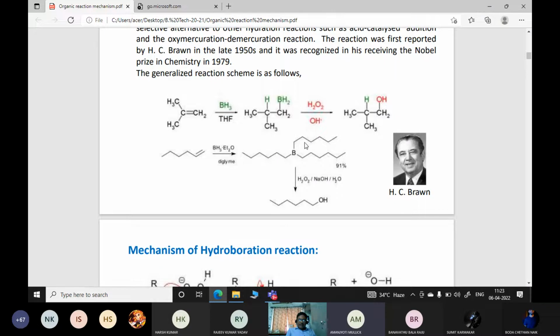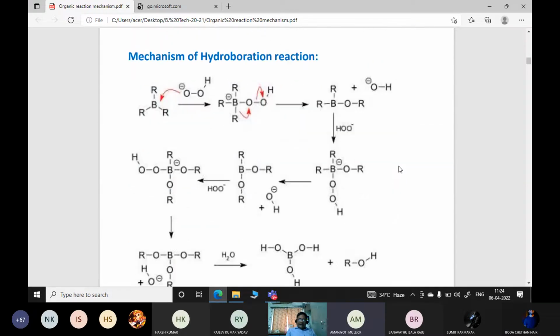The trialkyl boron, in the presence of hydrogen peroxide and sodium hydroxide in aqueous solution, gives the corresponding alcohol. Here no mechanism has been presented, only the reaction scheme has been shown, and this is H. C. Brown, his photo. And next, this is the mechanism.